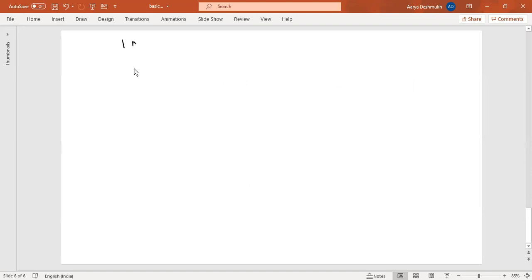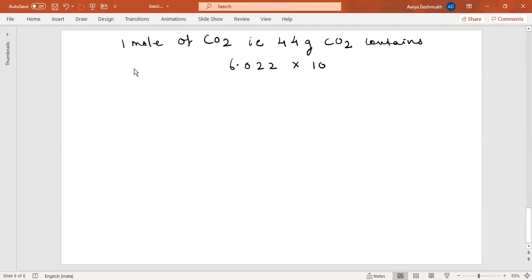Suppose 1 mole of carbon dioxide, that is 44 grams of carbon dioxide, contains 6.022 into 10 raised to 23 molecules of carbon dioxide. So when I say 1 mole of CO2, that is 44 grams.